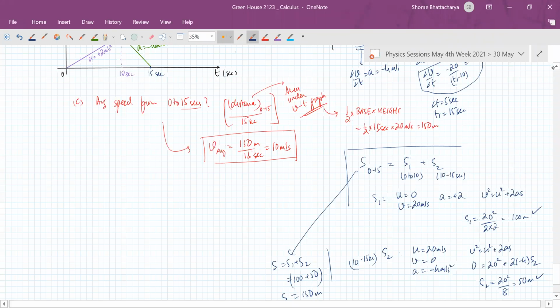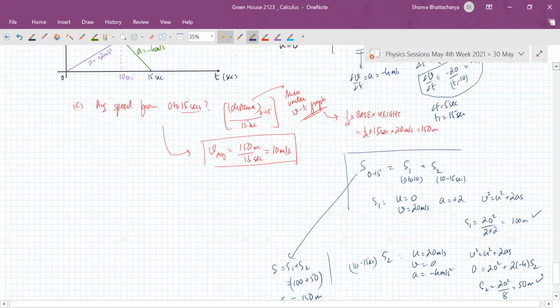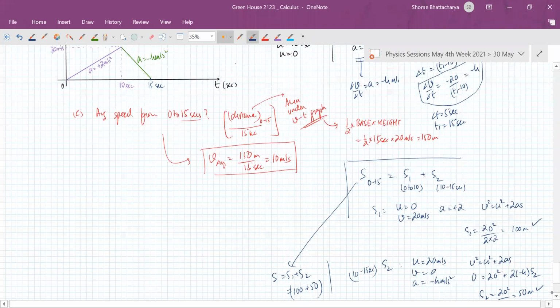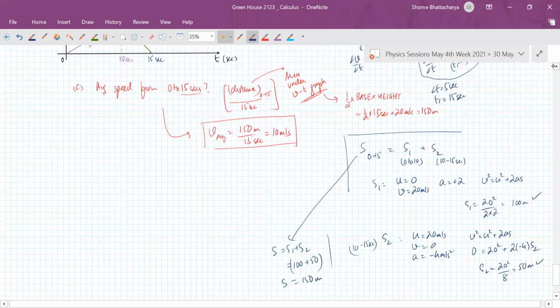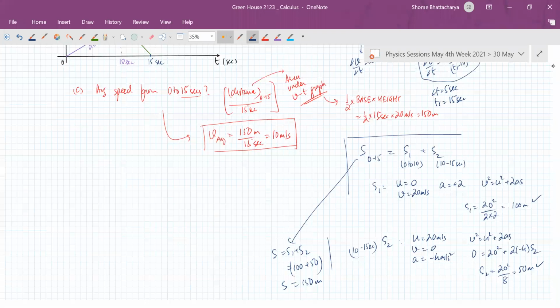But as you can see, if I have taken the trouble to draw the speed versus time graph, it makes it much simpler, because we can get it directly from the area under the graph. This was not really calculus so much; it was concepts from your 9th, 10th kinematics that we are revising in this worksheet.